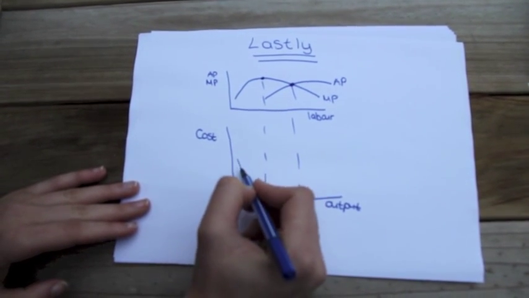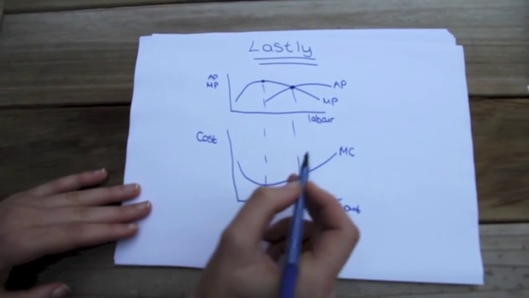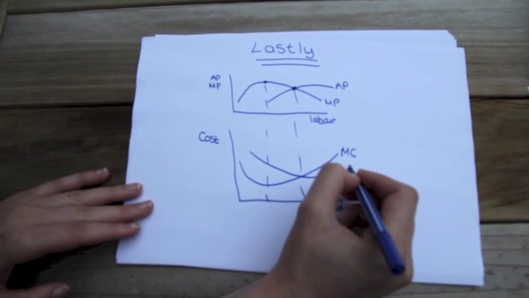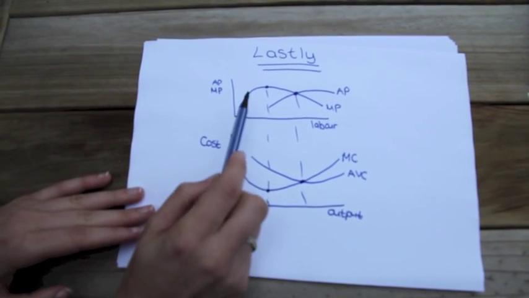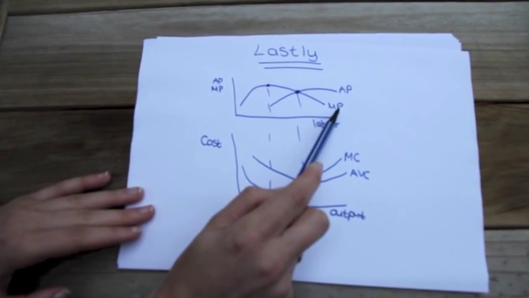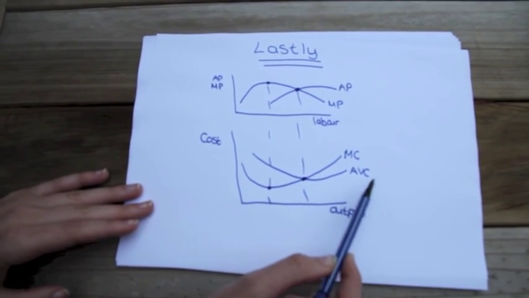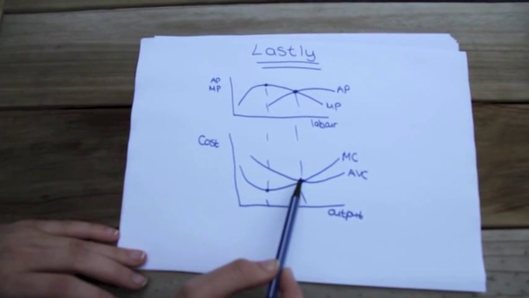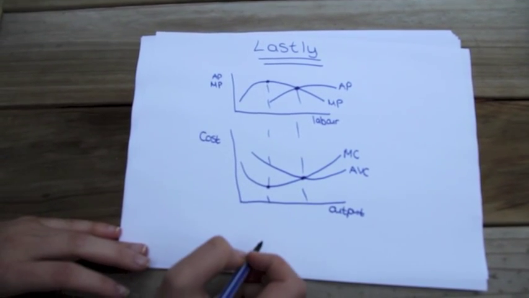So we have our marginal cost curve, and over here we have our average variable cost curve. So what's important to know is the maximum of our marginal product curve is equally the minimum of our marginal cost curve. And the maximum of our average product curve is also the minimum of our average variable cost curve. Those are important relationships that we must remember.